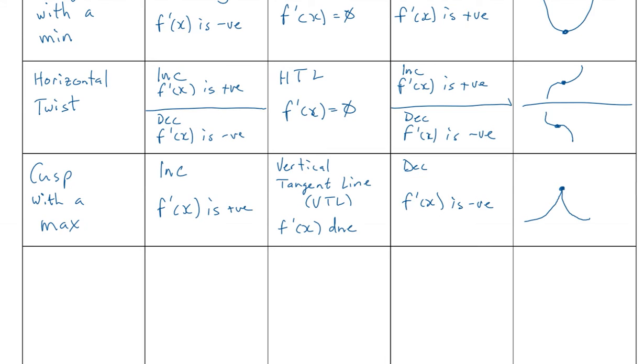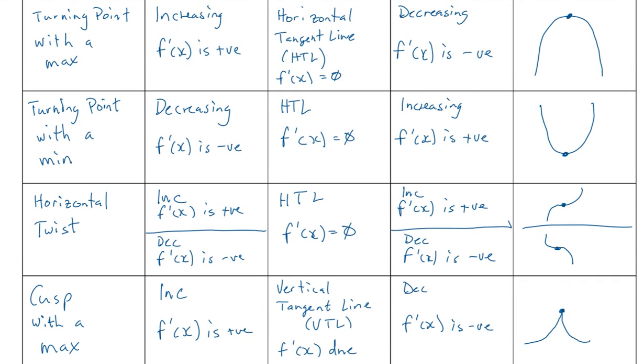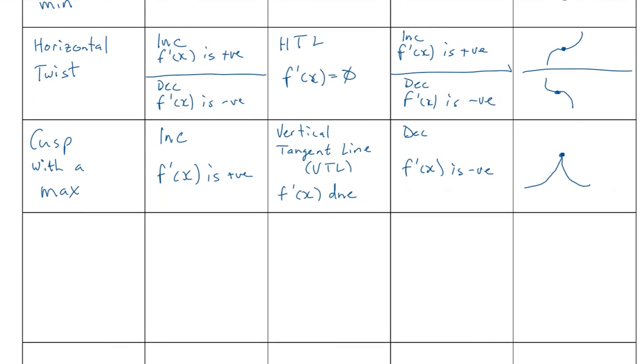So it's coming straight up and then doing a sharp turn down, as opposed to increasing and doing a smooth turn like a turning point would. So again, we can tell the difference between a cusp maximum and a turning point maximum, in that for a turning point maximum, the derivative is equal to 0, and for a cusp maximum, the derivative does not exist, right? So there's all these different cases that we can uniquely identify.